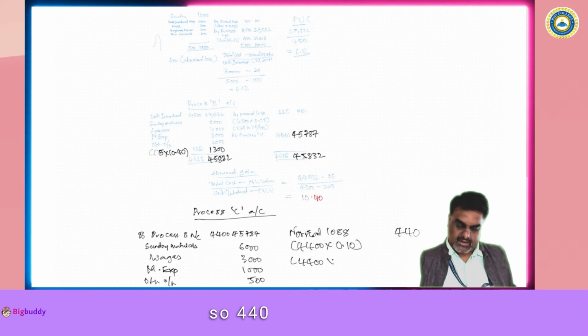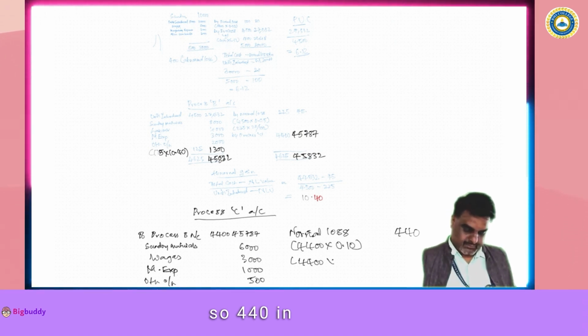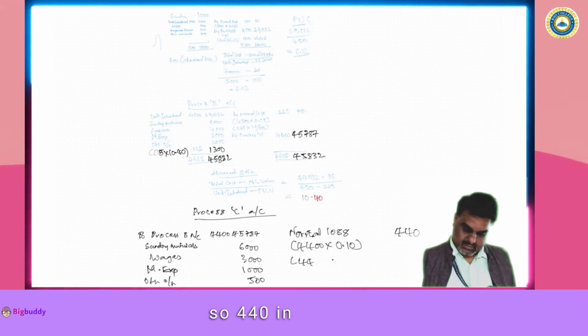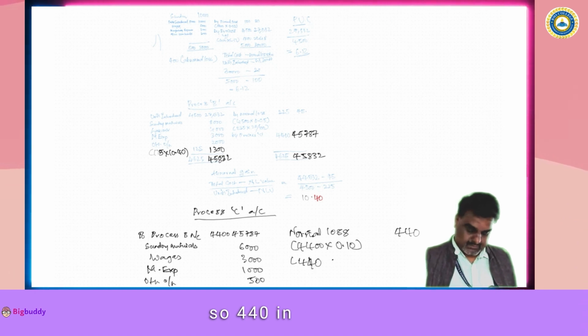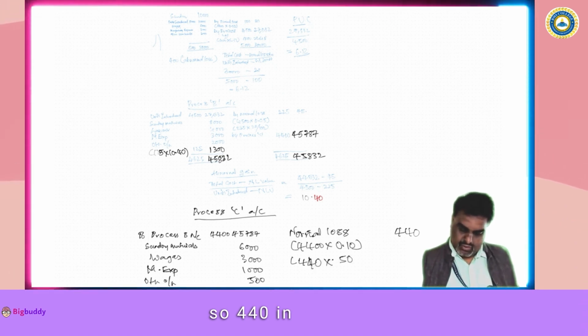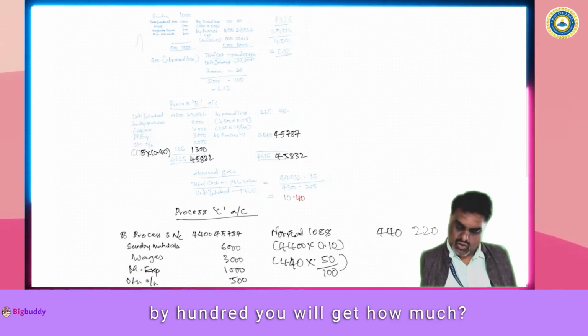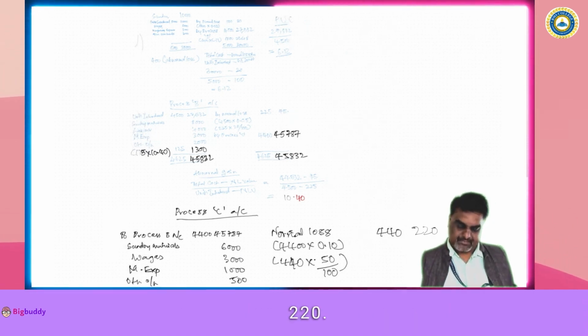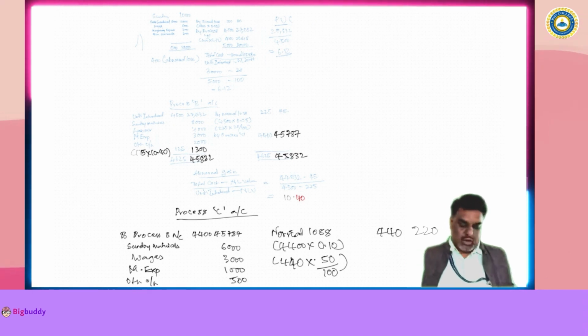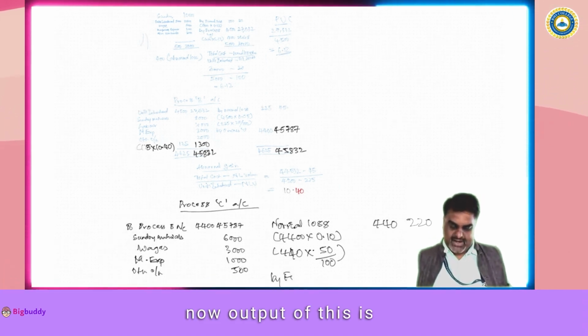So 440 into 50 by 100, you will get how much? 220. So output of this is 3,500.